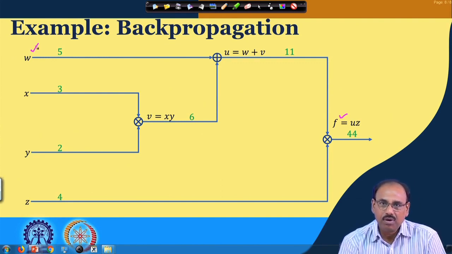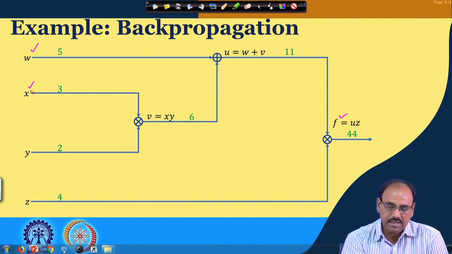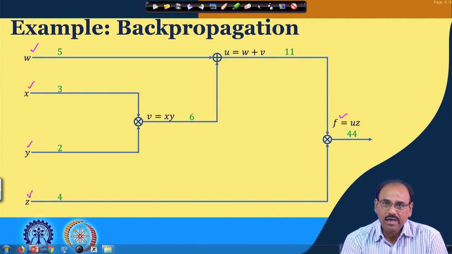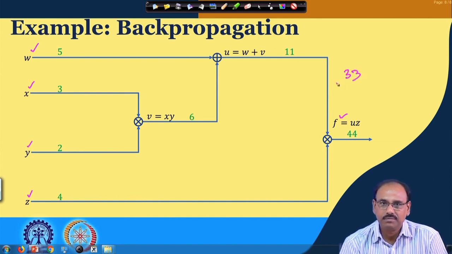I want to compute what is the sensitivity of f on x, what is the sensitivity of f on y, what is the sensitivity of f on z. Or in other words, if I need any correction on f, suppose my desired value of f was something like 33, whereas I am getting a value of f which is 44. That means value of f has to be reduced.